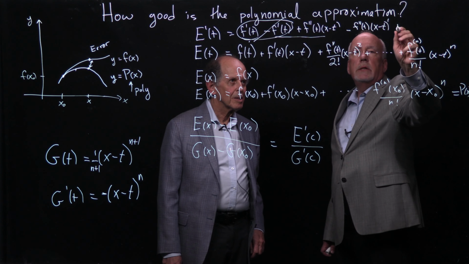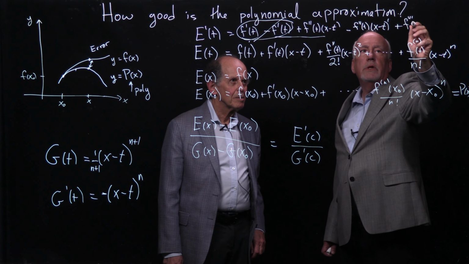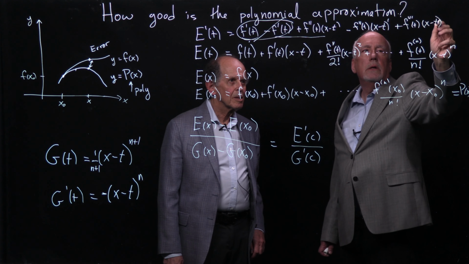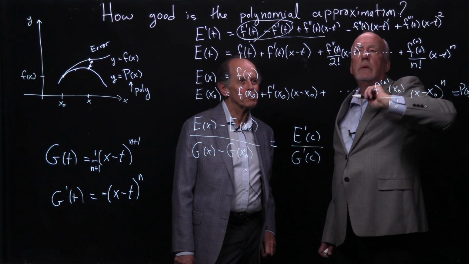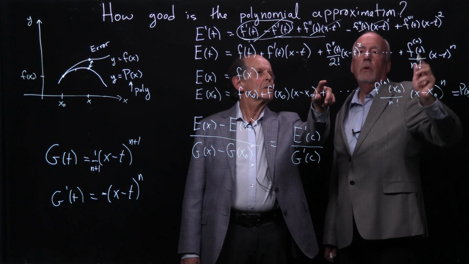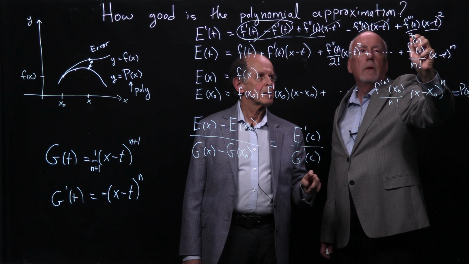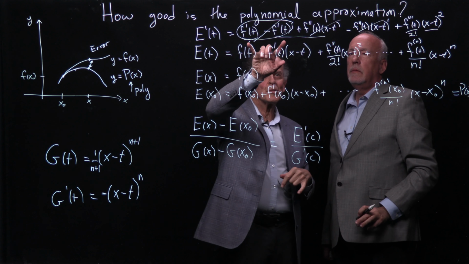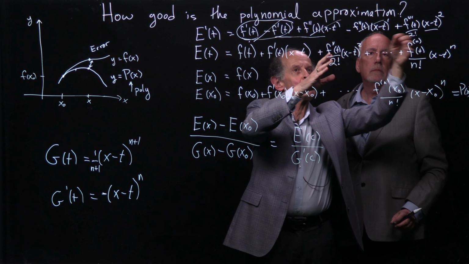Plus f triple prime of t times x minus t squared. Squared, not cubed. And look at this, this and this guy cancel. Oh, and there was a 2 factorial on the bottom. Maybe I'll put it here. So you can see what's happening as you differentiate the next term. When you go to the next term, part of it cancels.